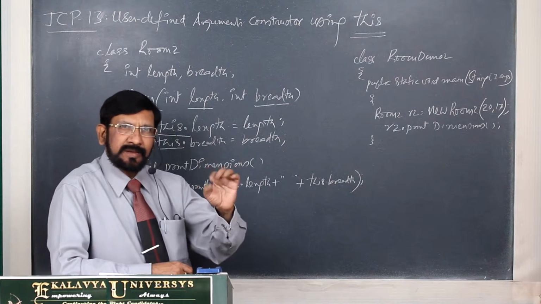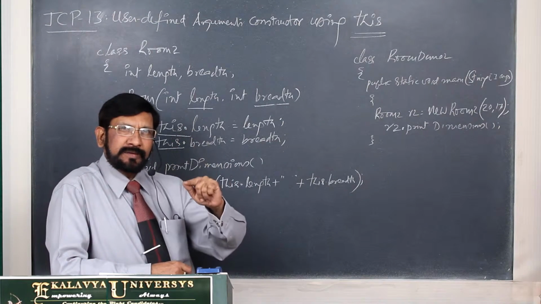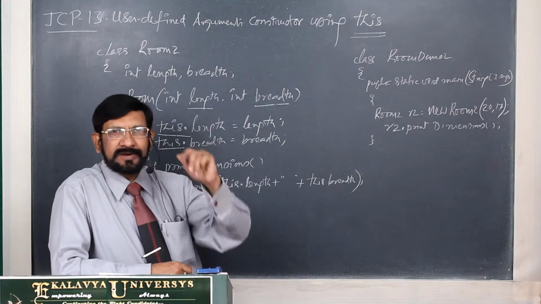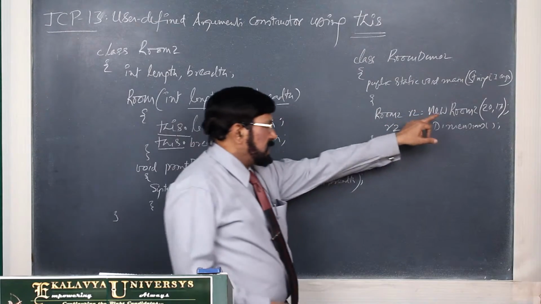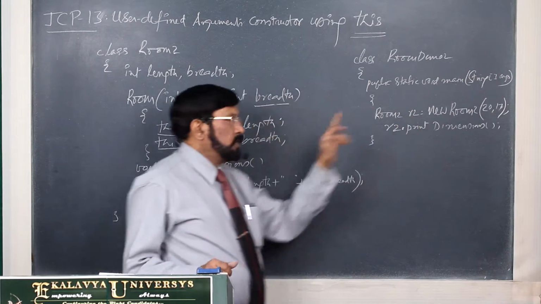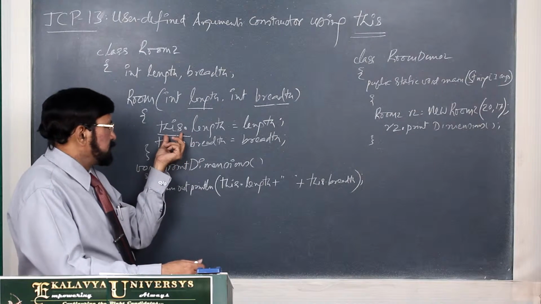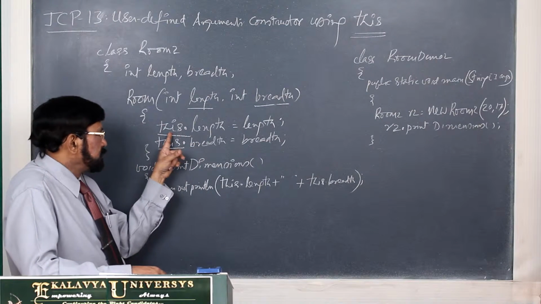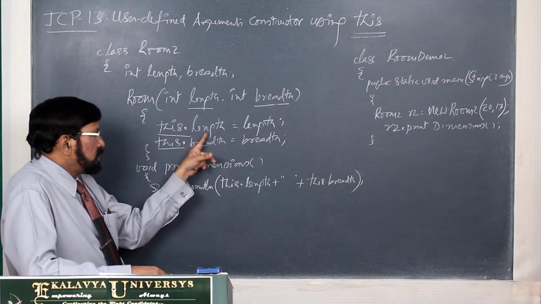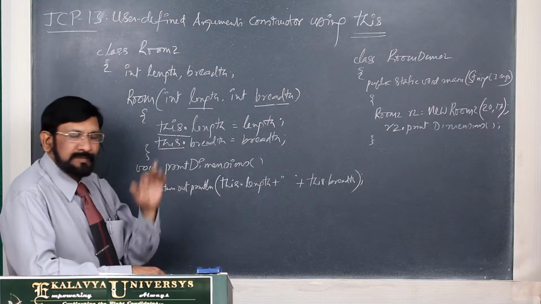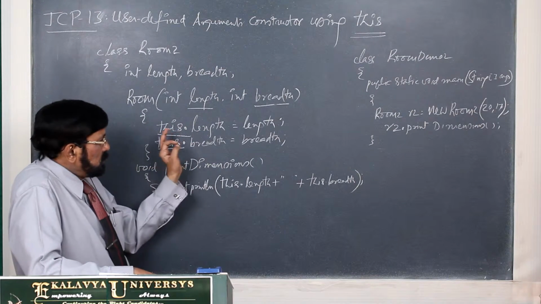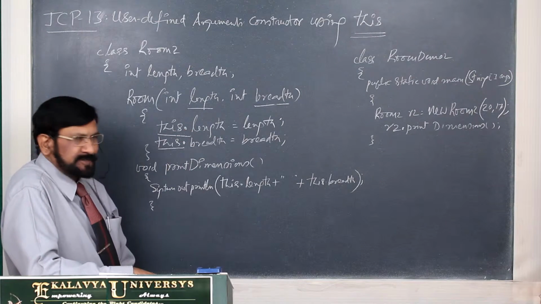That is this. This always represents the caller of the constructor. In this case the caller is R2. So if you write this, R2 is represented. What is the meaning? R2 dot length, R2 dot breadth. So the code is quite realistic.